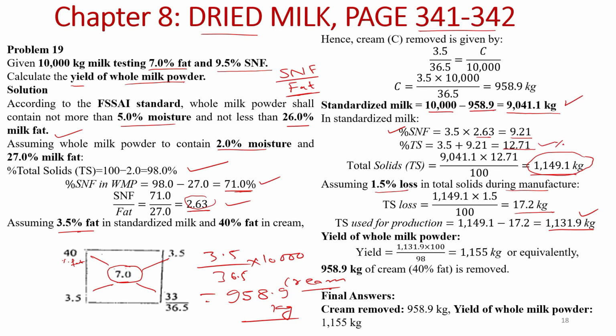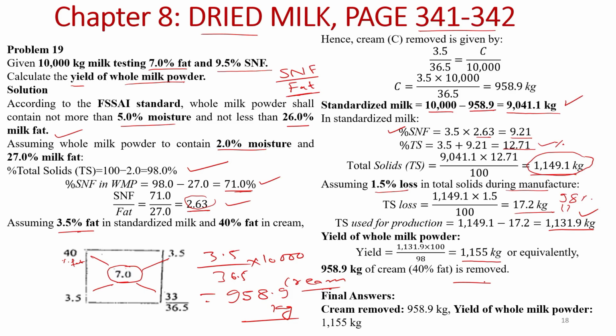Now since this whole TS gets converted to whole milk powder at 98%, how much whole milk powder will be obtained? It will be 1131.9 divided by 98 into 100, equal to 1155 kg or equivalent, and we have removed 958.9 kg of cream.